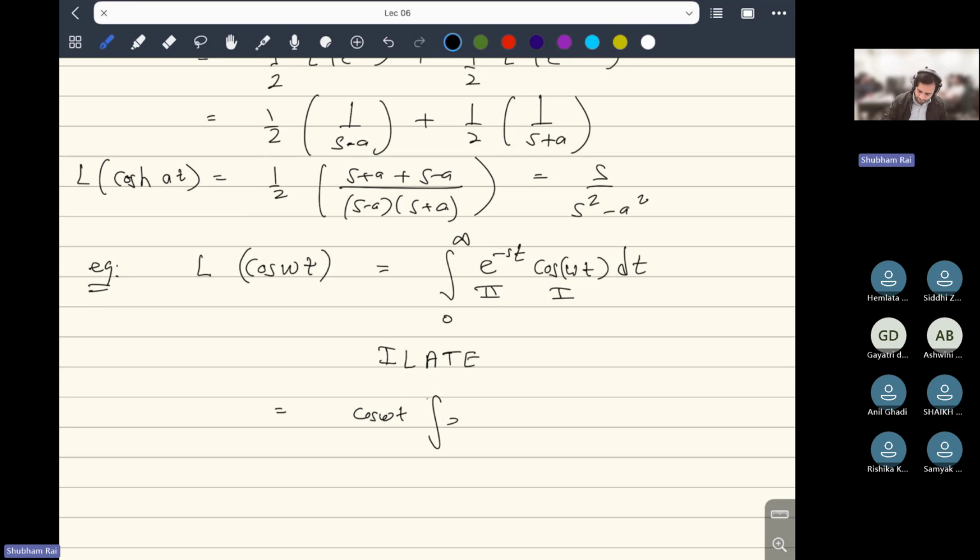Yeah, we differentiate the first function and we integrate the second function. The integration of cos omega t will be minus omega sin omega t, and you integrate e raised to the power minus st dt. This will have limit 0 to infinity, and this will also have limit 0 to infinity.